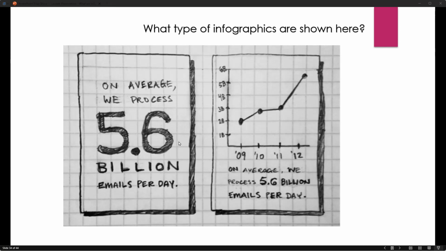Why do I want to ask this? Why is this an infographic? Remember, the infographic needs to have information, sure. But the reason that this is considered an infographic is because the text itself is in a way represented graphically.